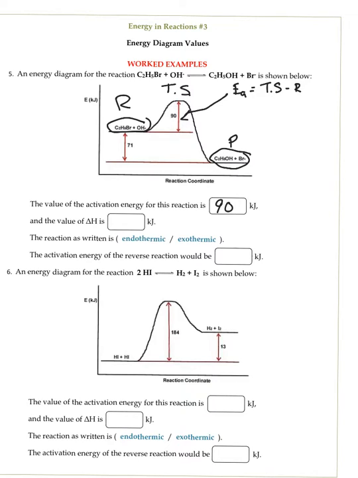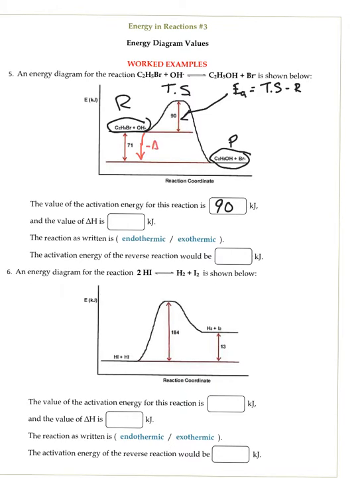Now, when we look at delta H, I think it helps to go ahead and do a quick analysis and see where your products are in relationship to your reactants. And so you can see here that we're working our way from reactants down to products.